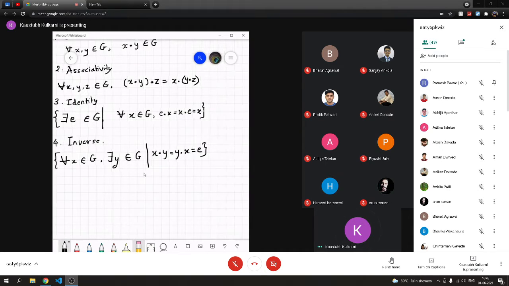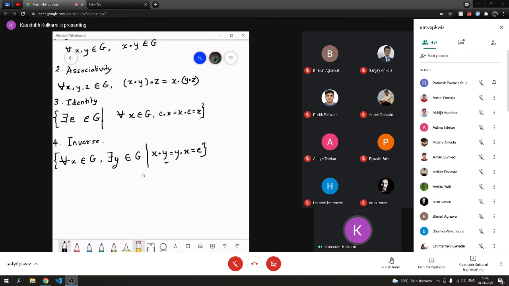So in inverse, there can be a left inverse and a right inverse. But if it is to be proved as a group, then the left inverse should be equal to the right inverse. This is the right inverse actually because we are operating on the right.